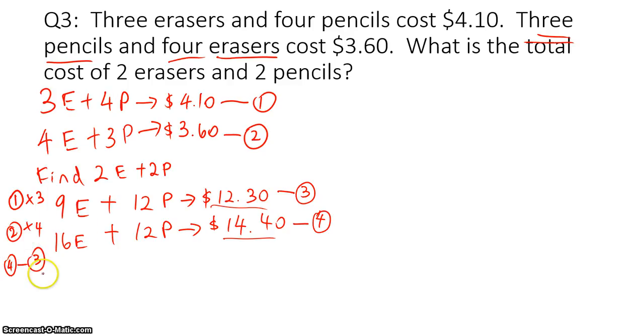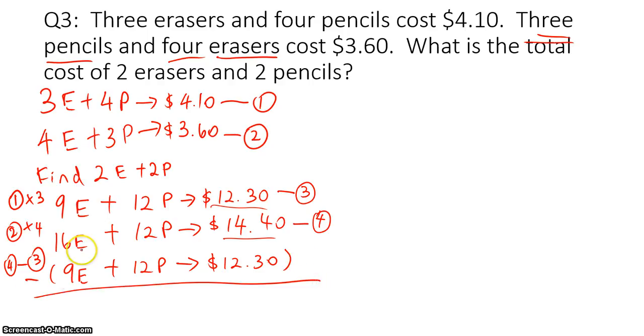So let's bring this equation 3 down. Minus 9e plus 12p equals to 1230. When we minus this off, what will be left? 16 minus 9 gives us 7e. 12 minus 12, 0p. 1440 minus 1230 gives us 210.